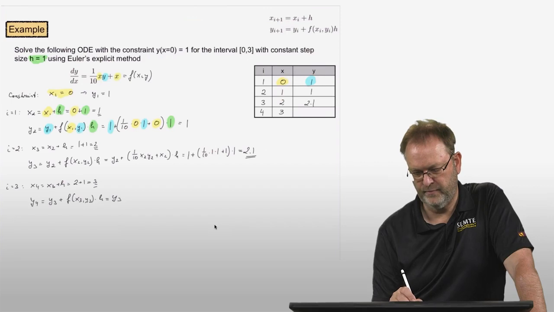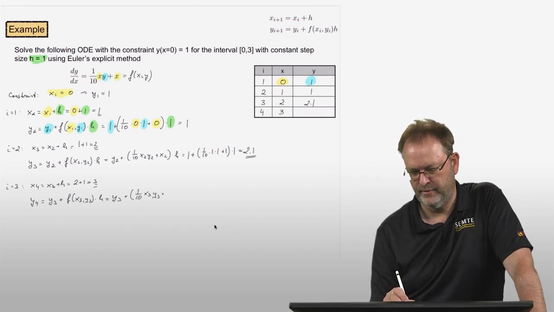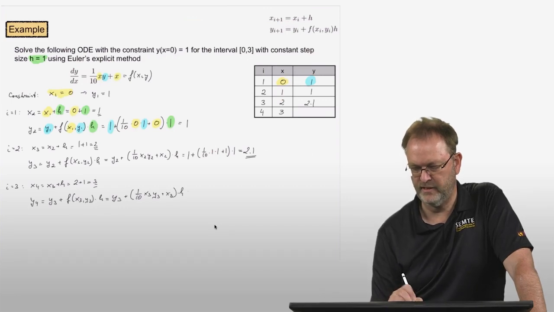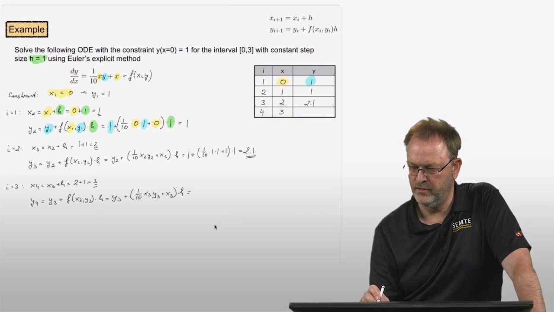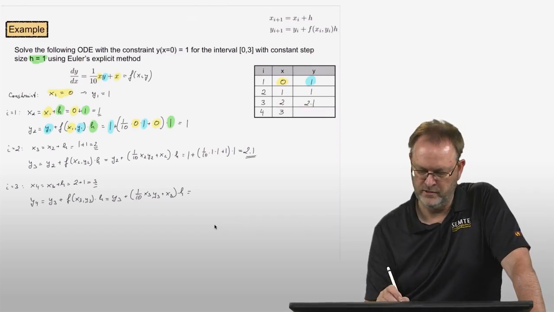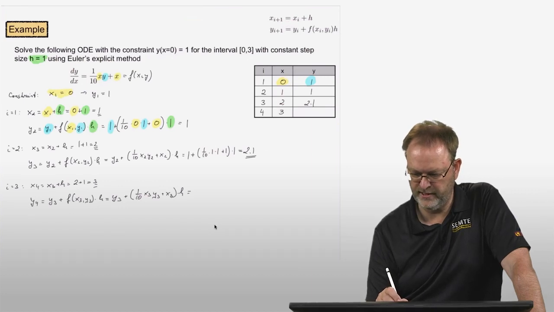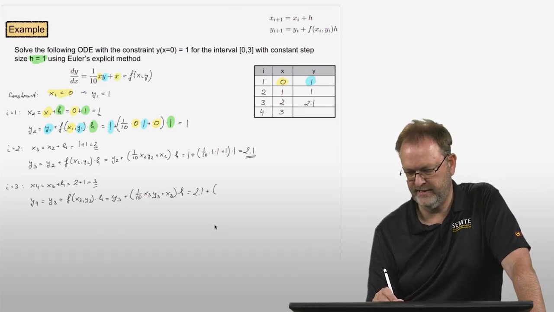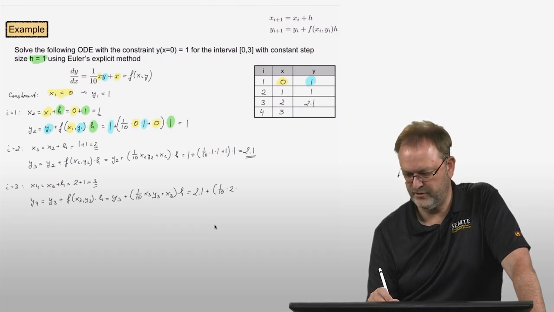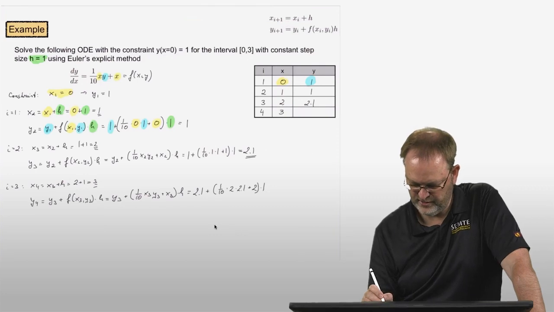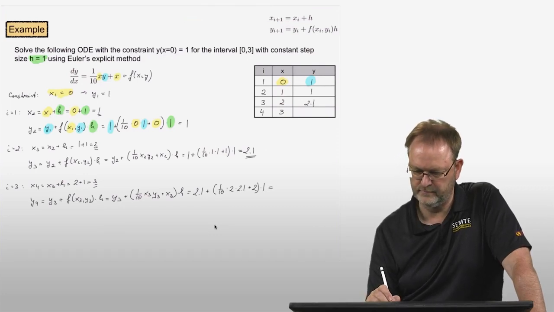So that's y3 plus 1/10 x3 times y3 plus x3, times h. Let's substitute in the values. The values for x is 2, y is 2.1. So I have y3 that is 2.1 plus 1/10 times x3, that's 2, times y3, that's 2.1, plus x3, that's 2, and the entire thing times h, which is equal to 1.